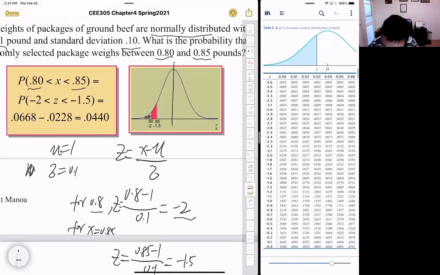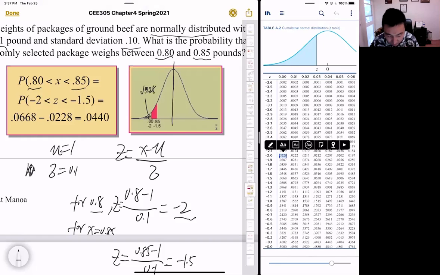Minus 2 is here, see? 0.0228. So that is these areas, 0.0228.